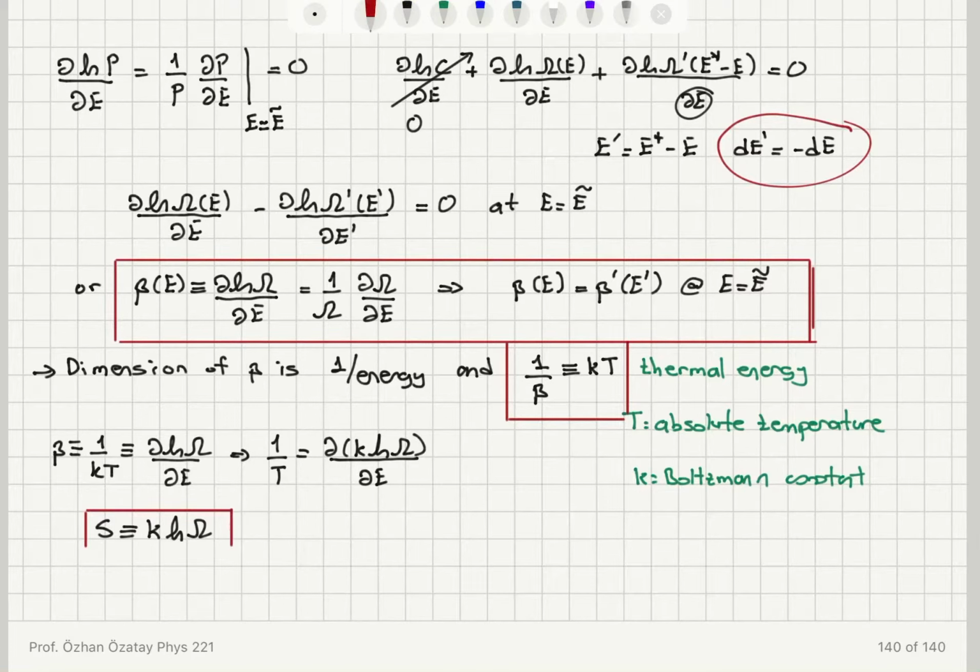The number of accessible states is a state variable of the system that increases with the number of accessible states. So here S is called the entropy of the system.